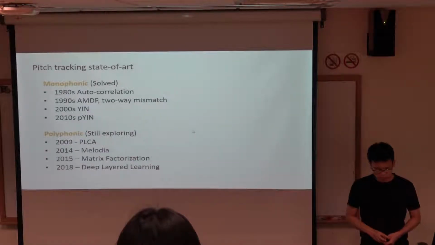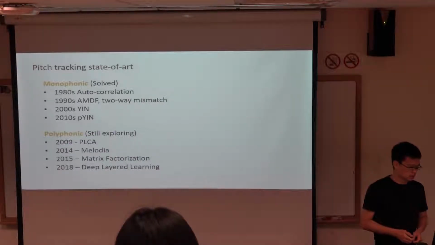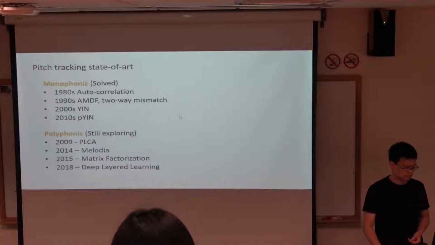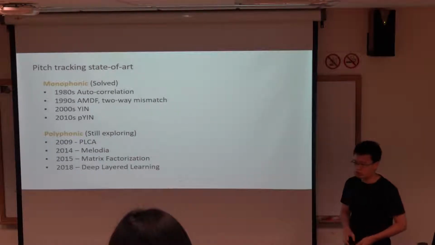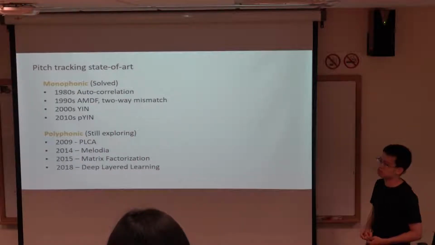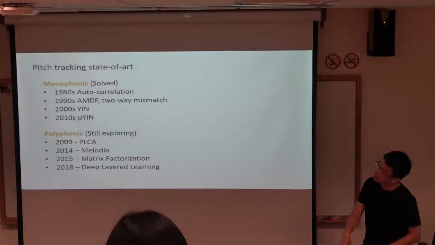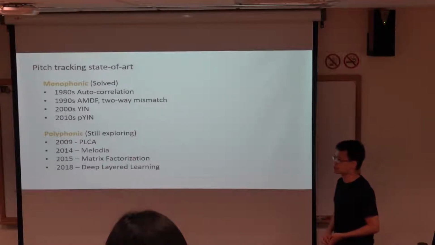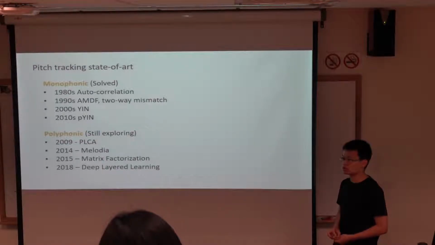Before we go into the Ying algorithm, let's look at the state of the art of some pitch tracking algorithms. When talking about pitch tracking, people mean both monophonic and polyphonic. Monophonic means there is only one audio source in the audio.